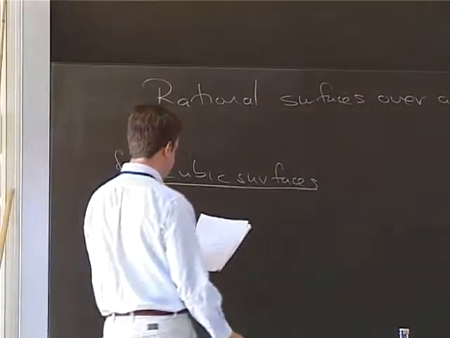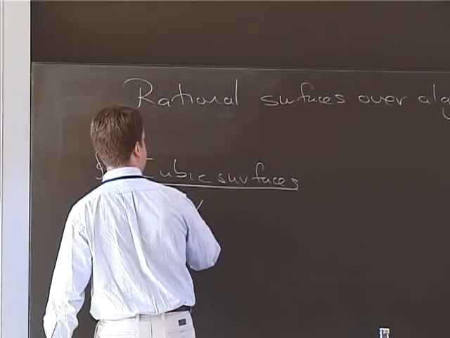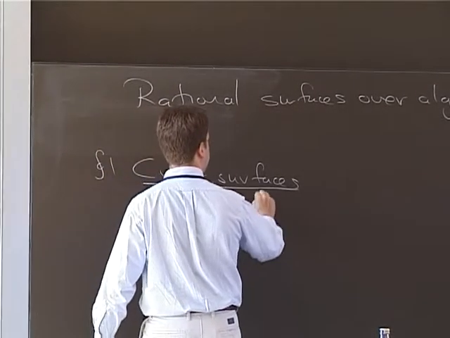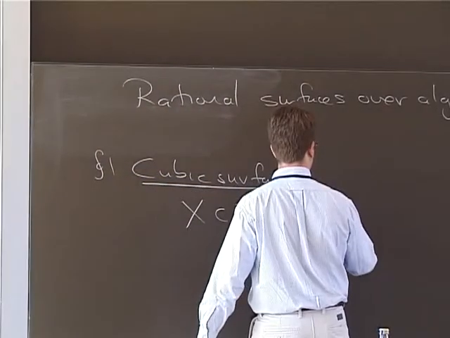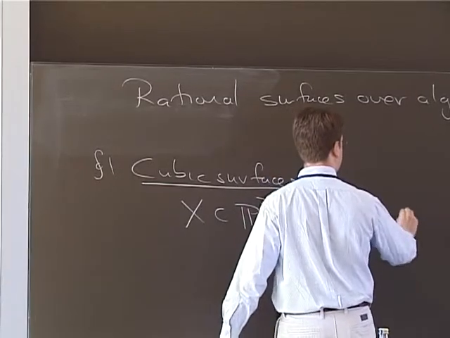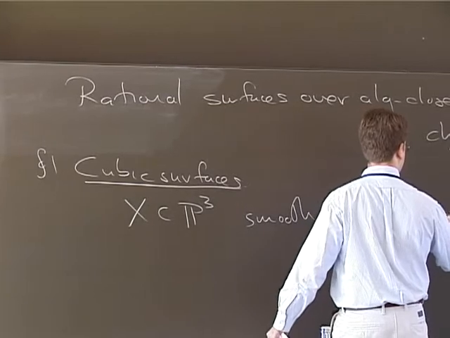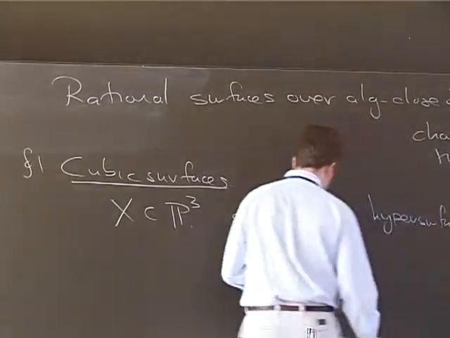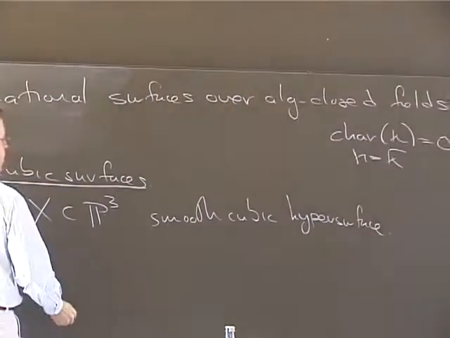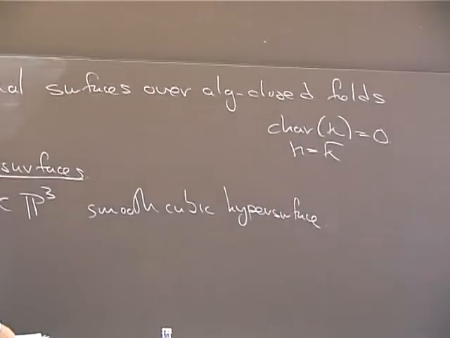Okay. So let me first of all explain what I mean. By a cubic surface, I mean a smooth cubic hypersurface. And I want to give a construction that produces these.